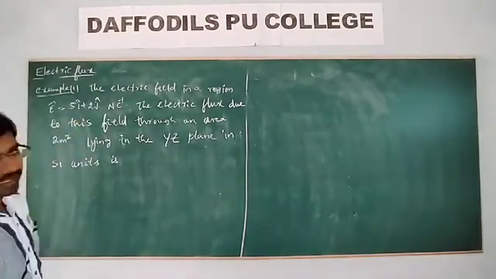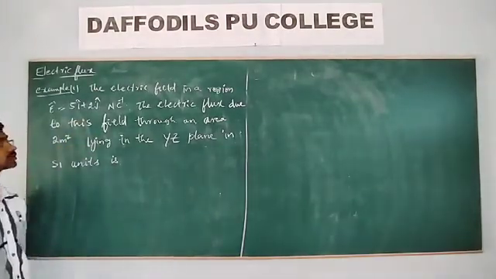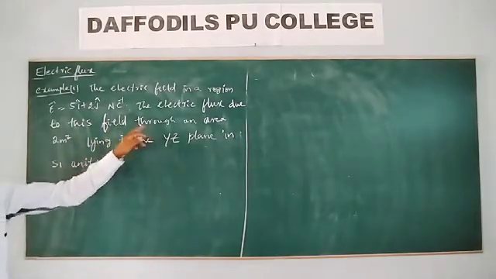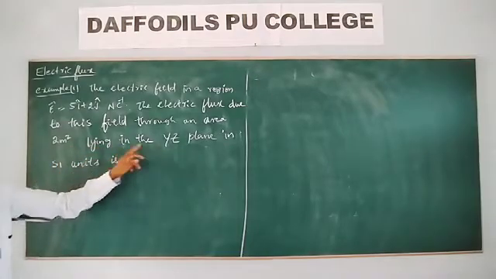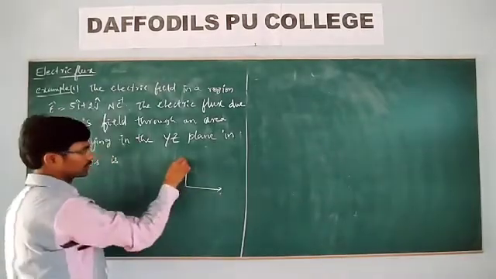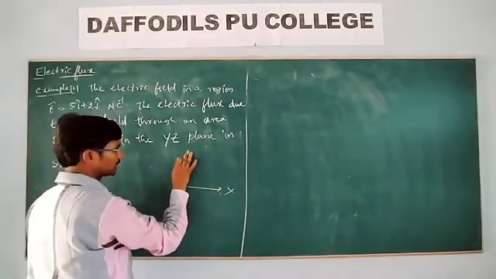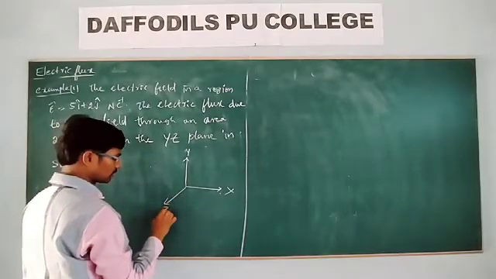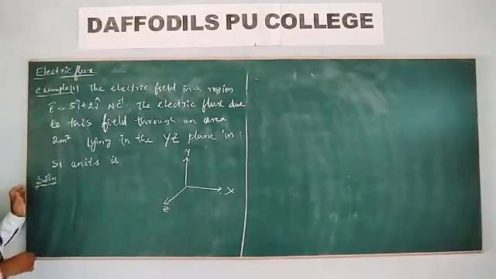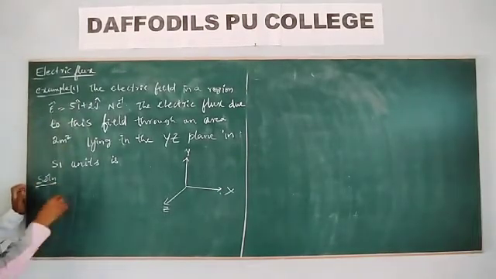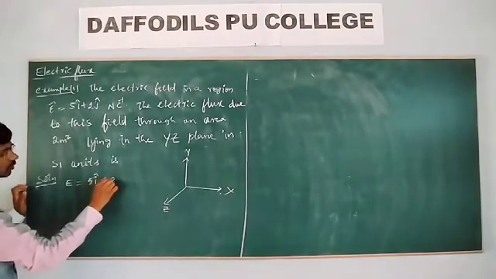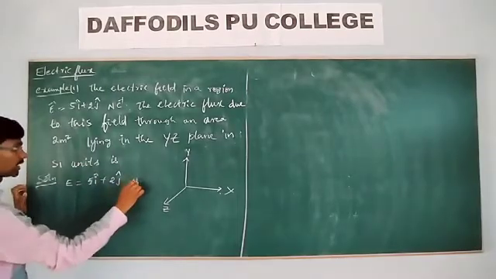The electric field in a region is E bar equal to 5 i cap plus 2 j cap Newton per Coulomb. Find the flux through a surface of area 2 meter square lying in the yz plane. Lying in the yz plane means what? Let us take x, y and z axes.